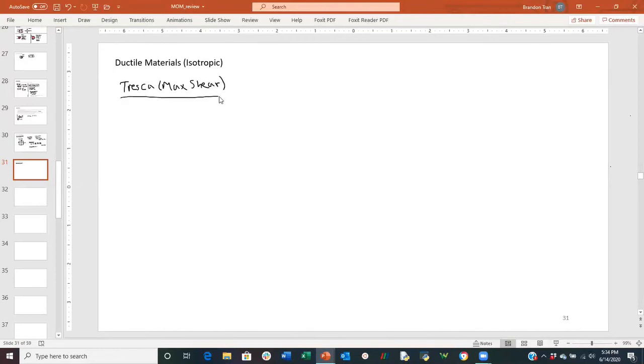Now, Tresca has another reasoning for this, but essentially, if you observe physically, if you've seen a uniaxial test with an aluminum specimen, you'll typically see that the failure occurs at some degree close to 45 degrees, right? If you remember from our Mohr's circle, from the principal stresses, you would assume the principal stresses be uniaxial and transverse of the test specimen, that our maximum shear occurs at this angle right here.